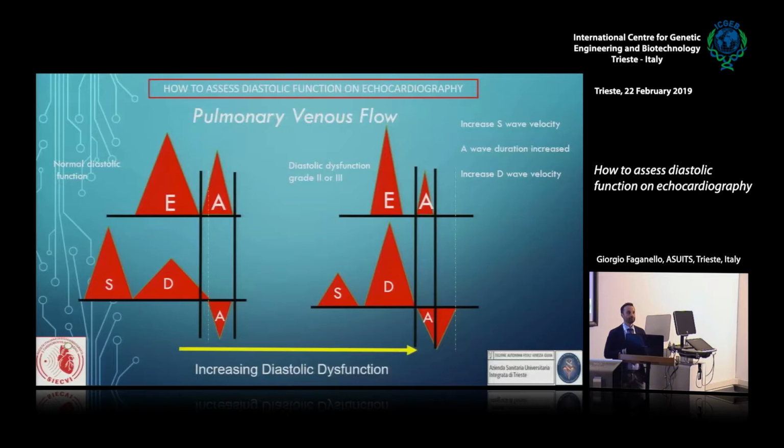Do you understand? Okay? So sometimes this will help you to understand if there is a real diastolic dysfunction or not. It's a question of the duration of this wave.